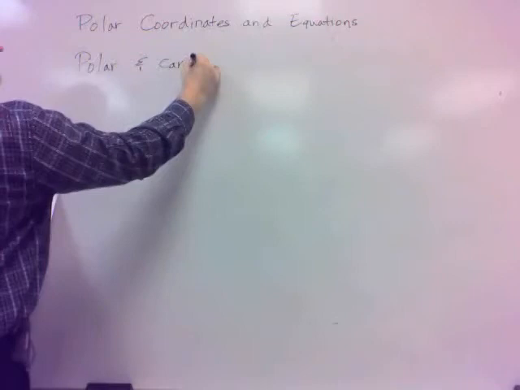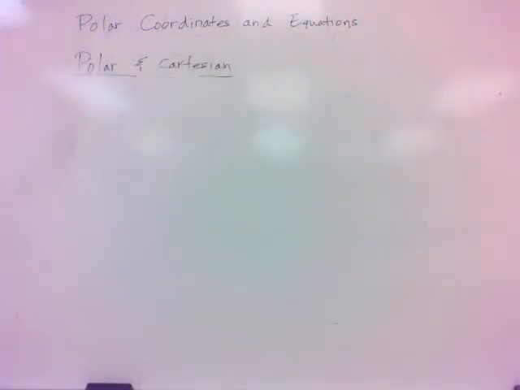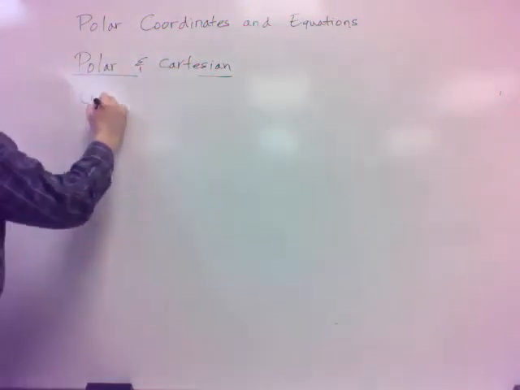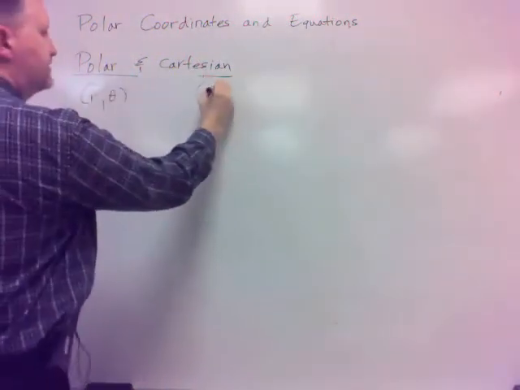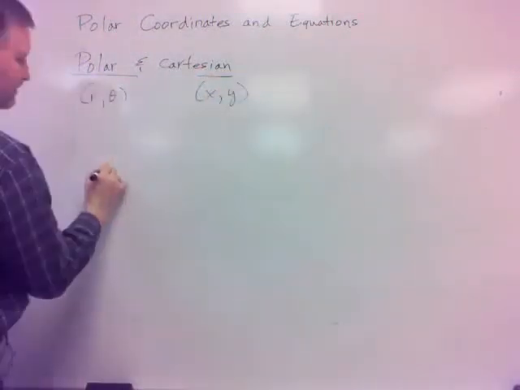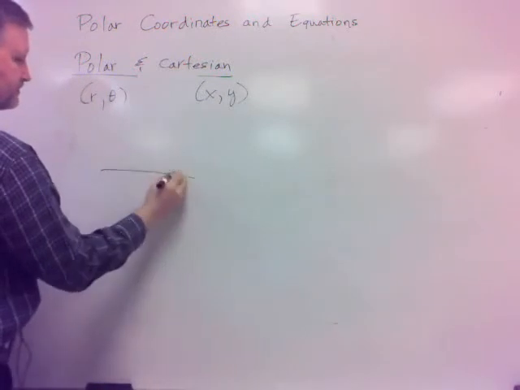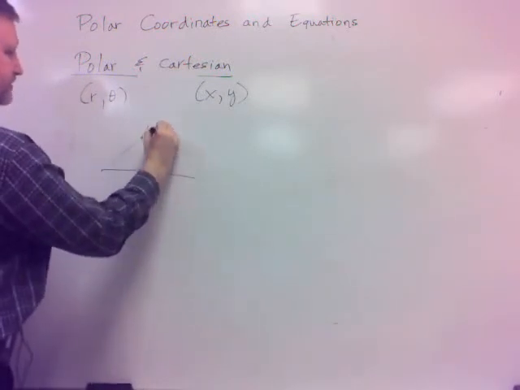So what's the connection between polar and Cartesian coordinates? Well, polar is r theta, the radius with an angle. Cartesian is x comma y. Well, if we draw them out here, say you've got the r theta point.